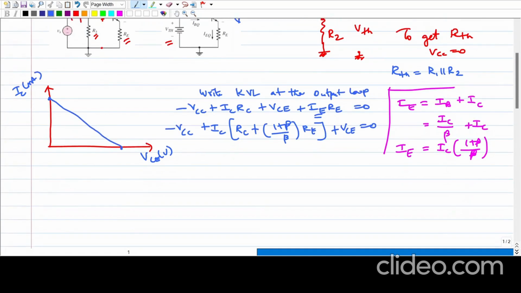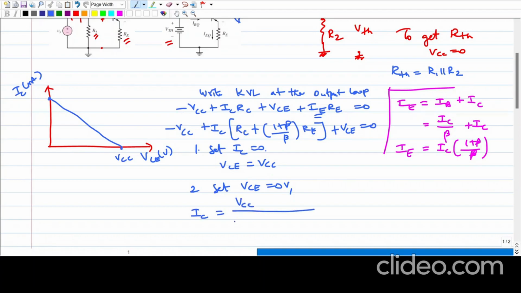Now we know how to find the endpoints. The first one is to set IC equal to 0. If you set IC equal to 0, VCE equals VCC. So this point is VCC. What's the second one? Set VCE equal to 0 volts. If VCE equals 0, what is IC?